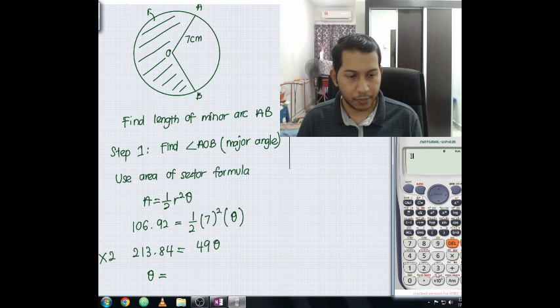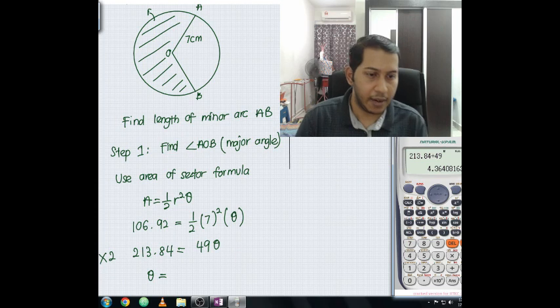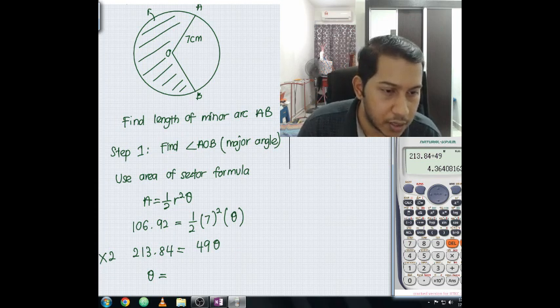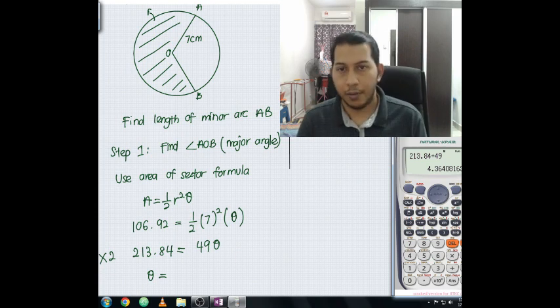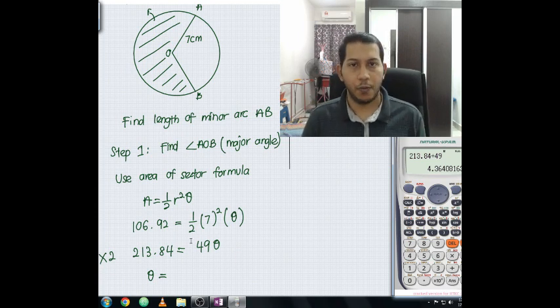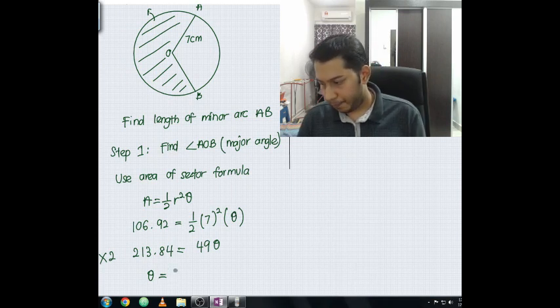Let us calculate. 213.84, wait on, guys. 213.84, divide with 49. Calculate this, and from here you get 4.3641 radian.